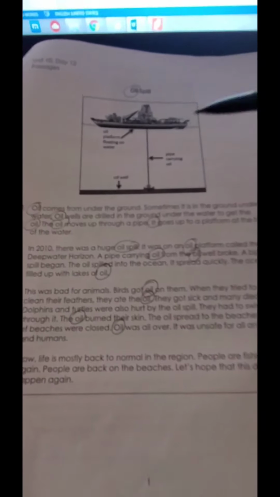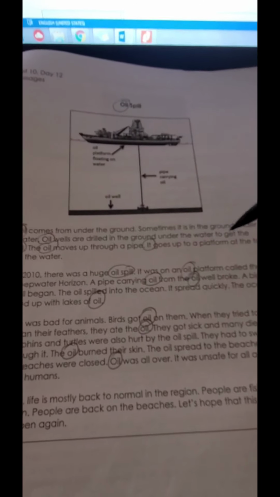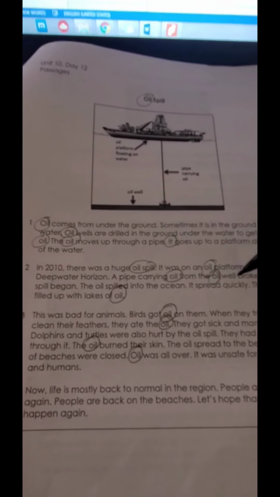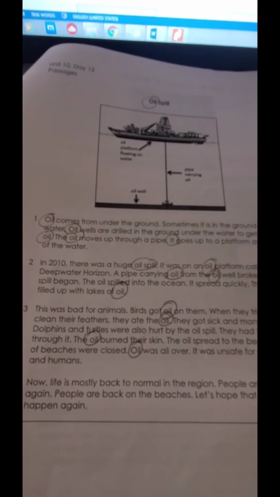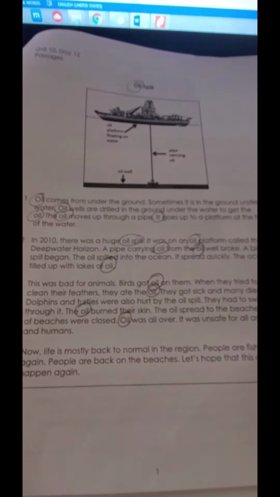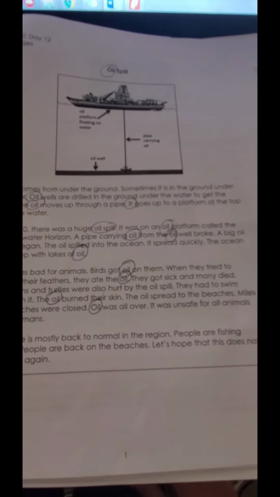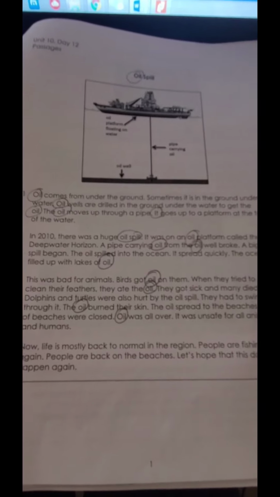If you notice, it's telling me right here how some oil comes from underground, and sometimes it is in the ground underwater. And if you notice, the oil spill that it's talking about in paragraph 2 happened in the Deepwater Horizon. So this whole passage is teaching me that there was a big oil spill in the Deepwater Horizon, and that caused a lot of damage to animals and humans, because paragraph 3 talks about the damage that it caused to animals.